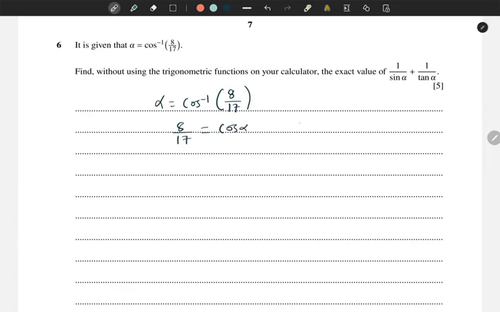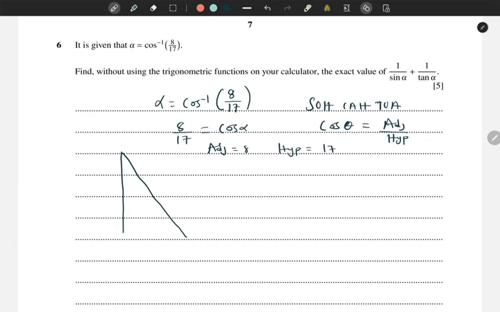And mind you, we have it from SOH CAH TOA that cos alpha or cos theta is given to be adjacent over what? Hypotenuse. So which implies that the adjacent here is going to be 8 and the hypotenuse here is going to be 17. And for us to have adjacent and hypotenuse, we can only derive that from a right angle triangle.